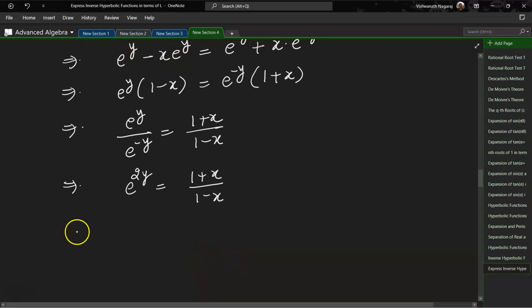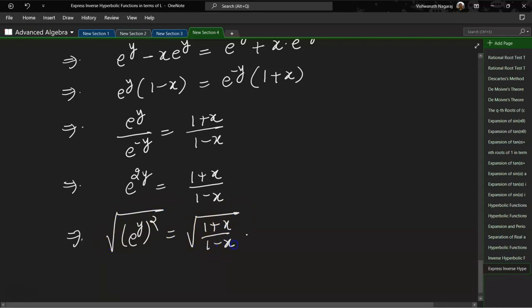Now this can be written as e to the power of y, whole square, right? So we can get rid of that square by taking the square root on both sides, 1 plus x by 1 minus x. And again we take only the positive value.